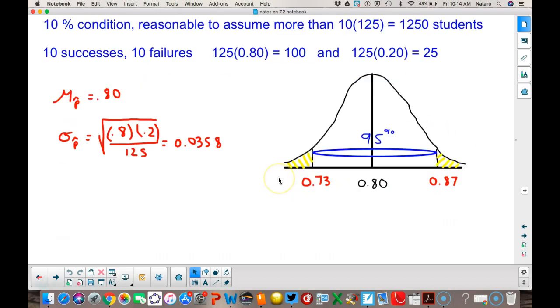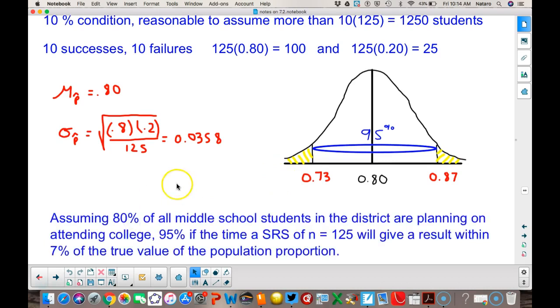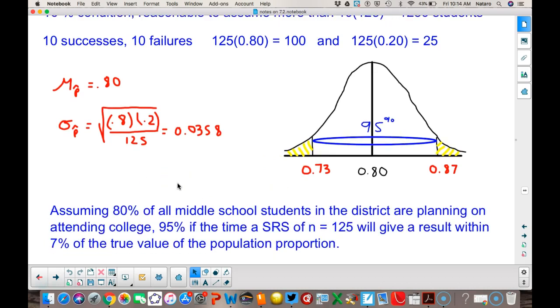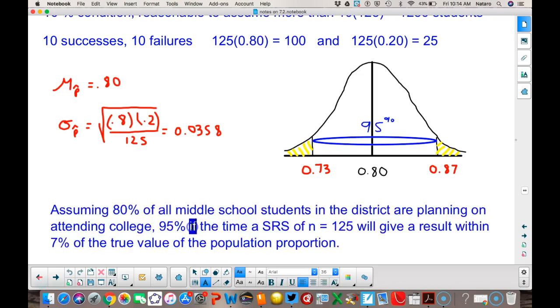We could simply say that assuming 80% of all middle school students in the district are planning on attending college, 95% of the time a simple random sample of 125 will give a result within 7% of the true value of the population proportion.